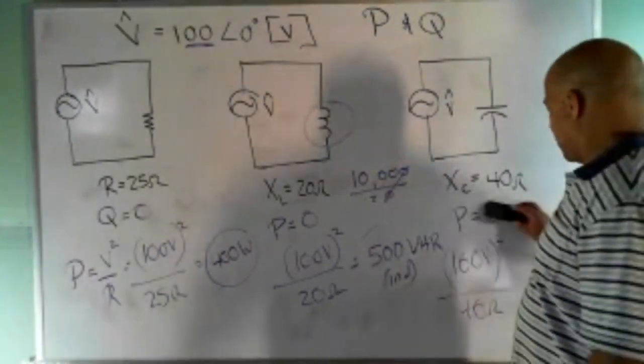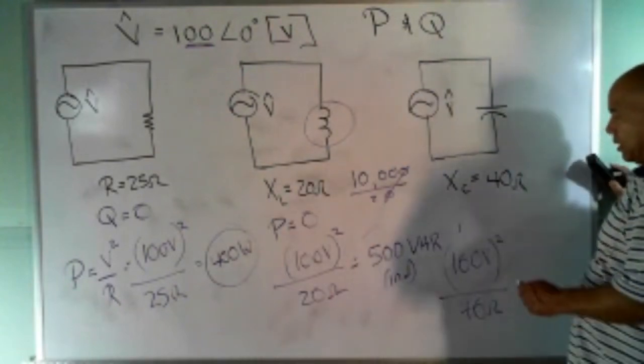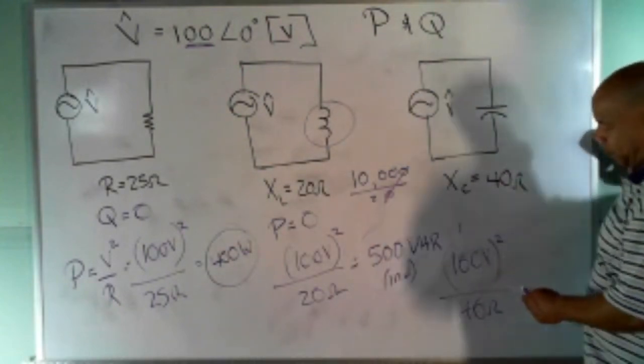And then this one, 100 squared over 40 is what?